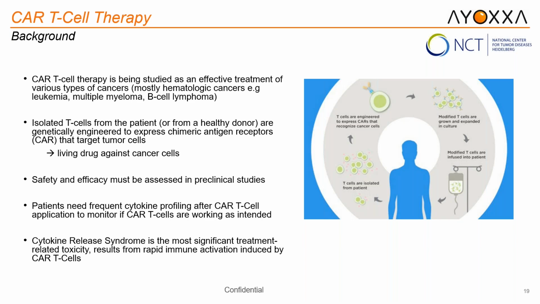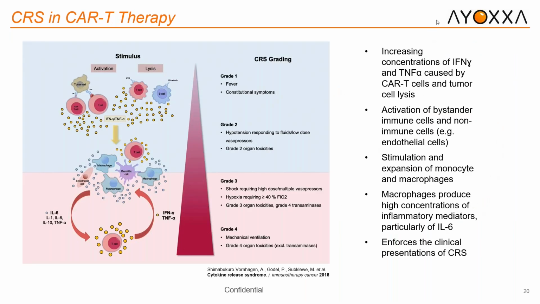However, safety and efficacy must be assessed in preclinical studies. One of the main toxicities involved in CAR T cell therapy is cytokine release syndrome, or cytokine storm. If we take a closer look, increasing concentrations of interferon gamma and TNF alpha are caused by CAR T cells and tumor cell lysis.